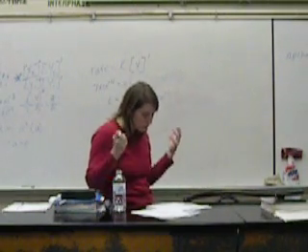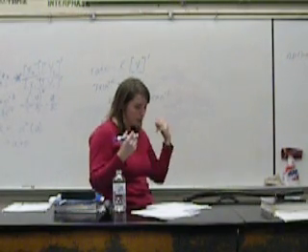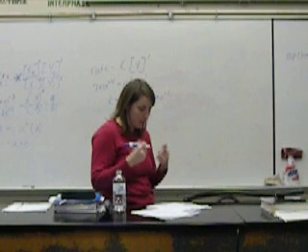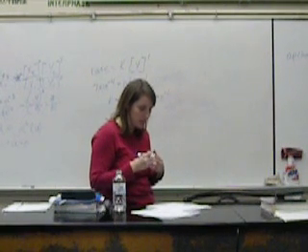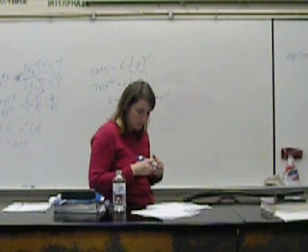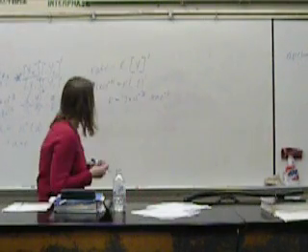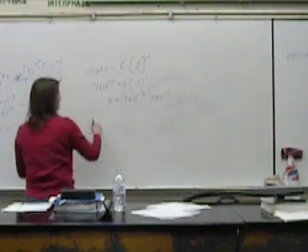So that's 5 points already. 3 points for the first one, 1 point for the law, and 2 points for the methodology. So you only get 1 point for having that right there.